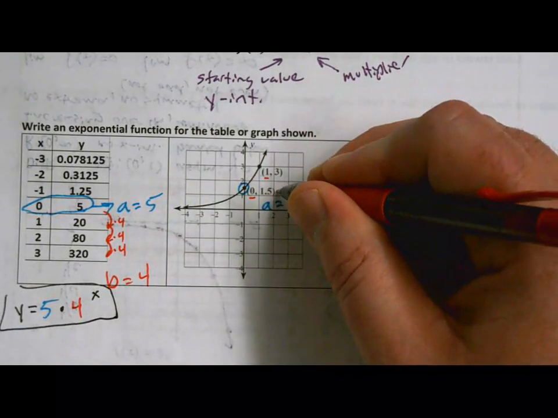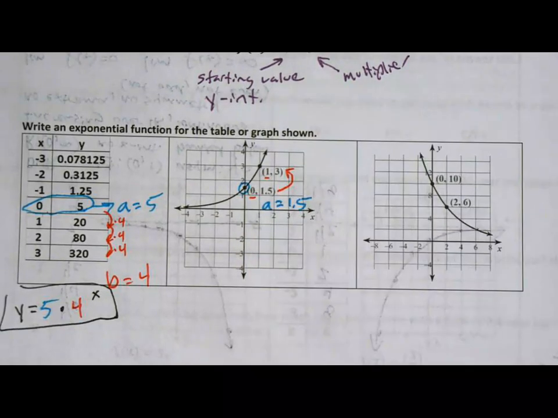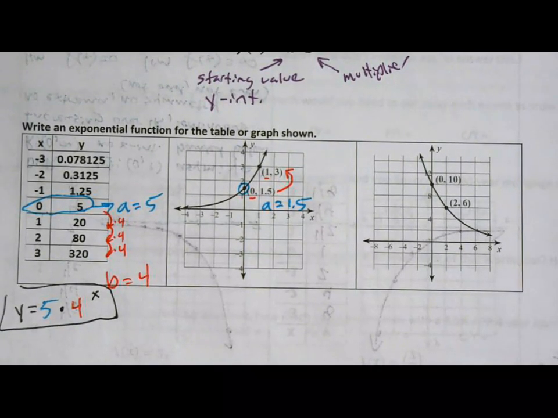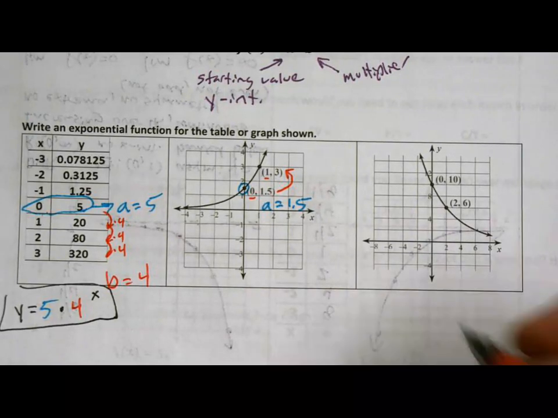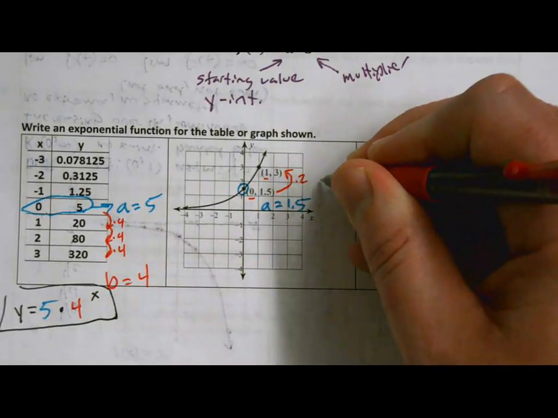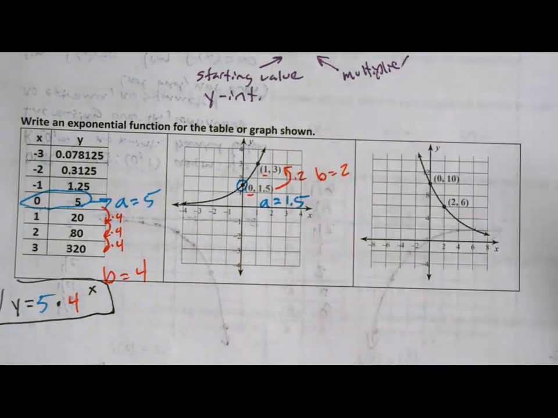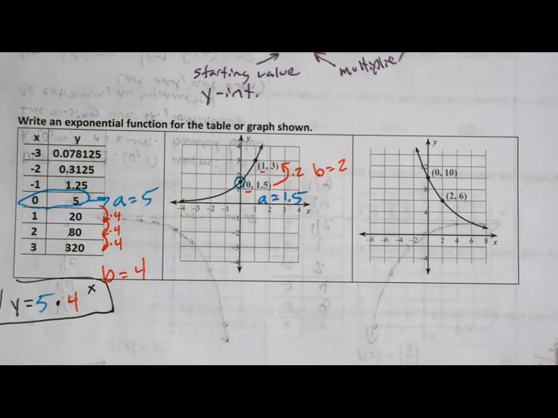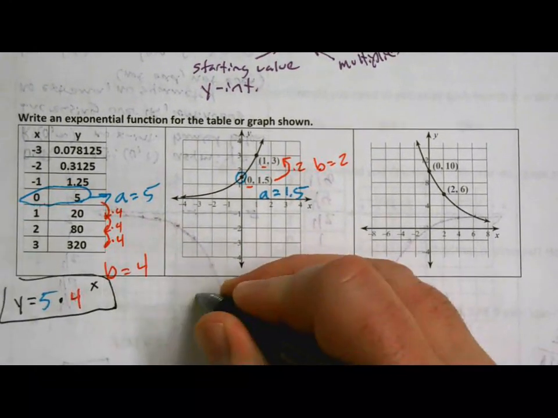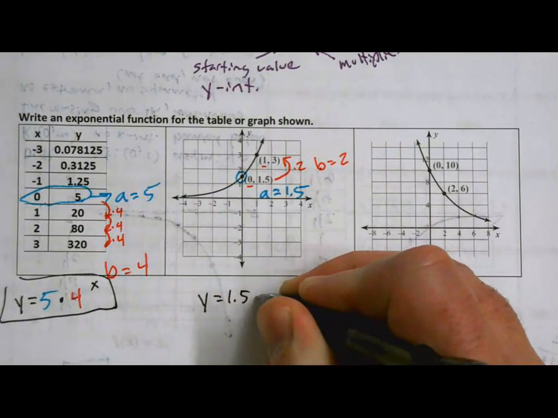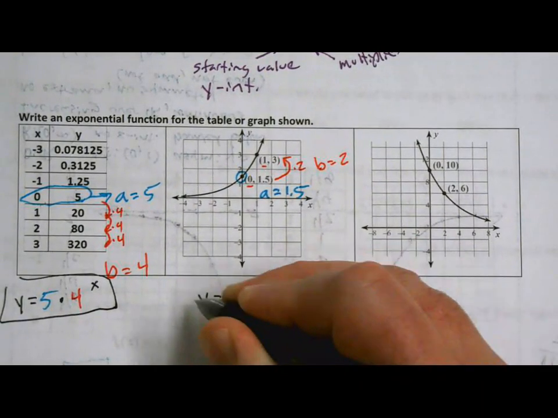So we should be able to figure out a multiplier to get us from that 1.5 to 3, and that should give us our b value. What do you multiply 1.5 by to get 3? Good, so b is 2. So there we go. Y equals 1.5 times 2 to the x.